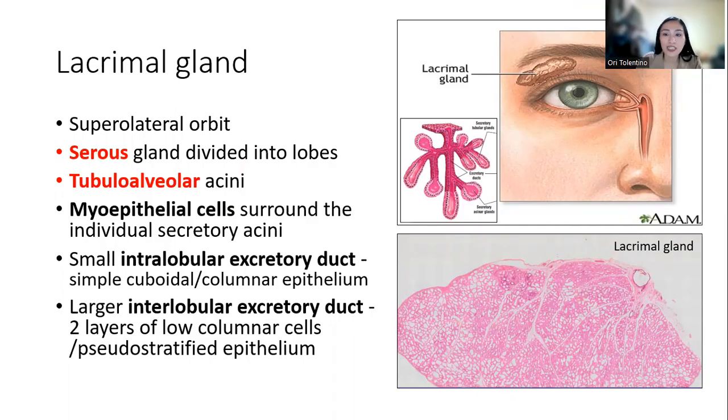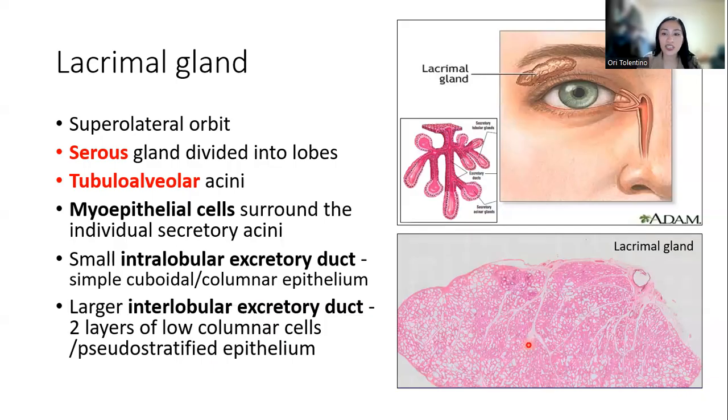It is made up of tubulo-alveolar acini surrounded by myoepithelial cells, which help to squeeze and expel the contents of the acini into ducts. So for the ducts, we have the smaller intralobular excretory duct found inside the lobes with the acini, and the larger interlobular excretory duct found in the connective tissue that divides the lobes.